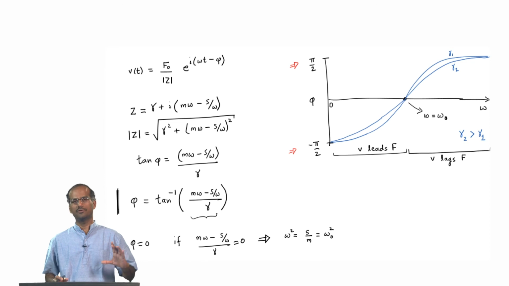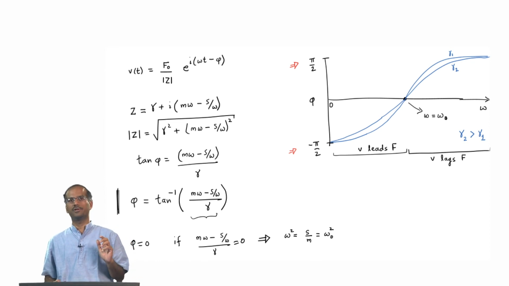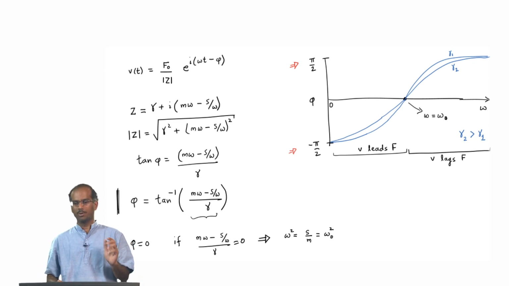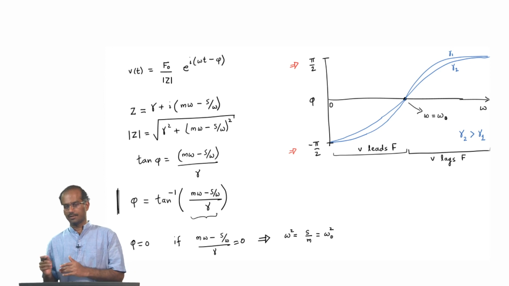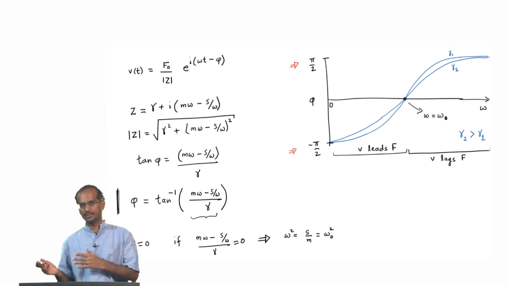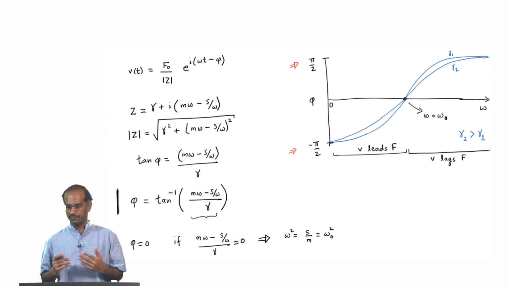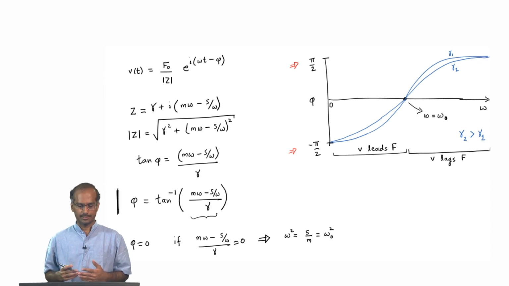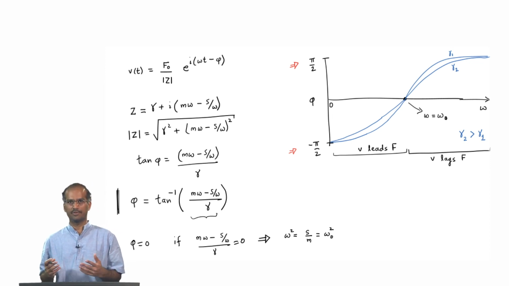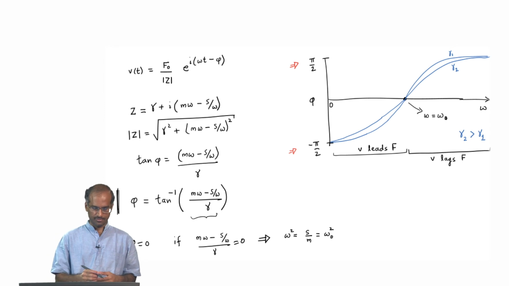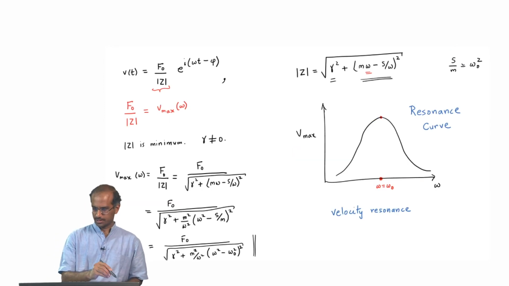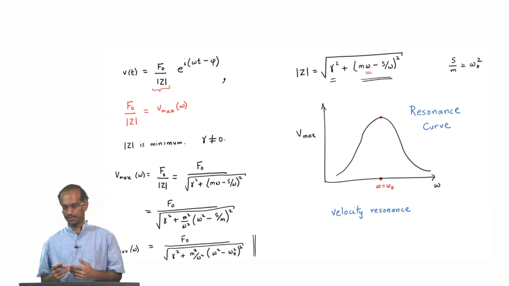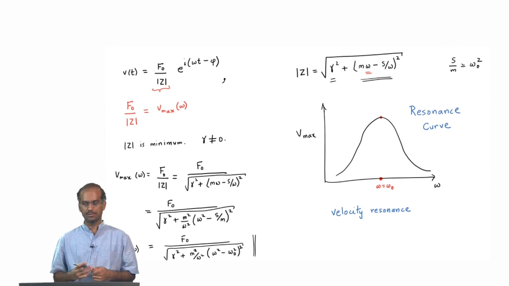There is a range of frequency values below omega 0, which is the natural frequency, where velocity leads F in terms of phase, and if the driving frequency is larger than the natural frequency, velocity lags the driving in phase. That is as far as velocity is concerned. We also looked at the idea of velocity resonance.